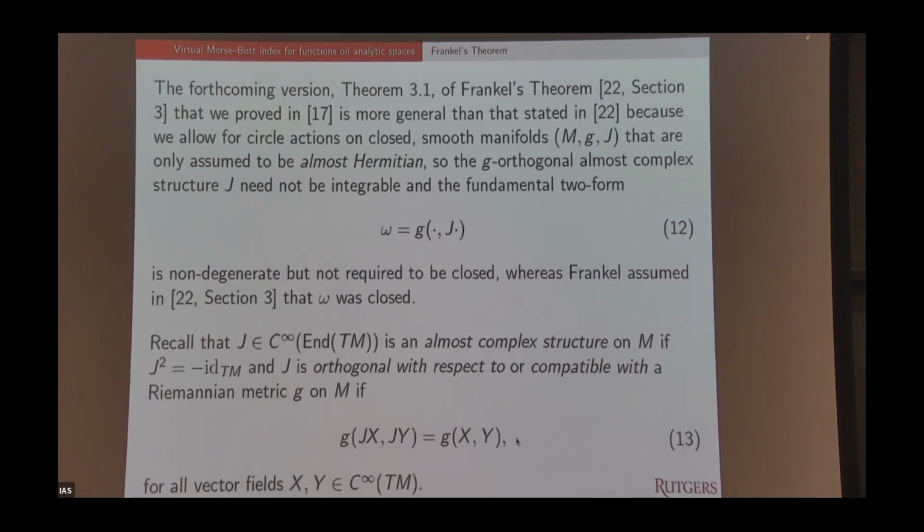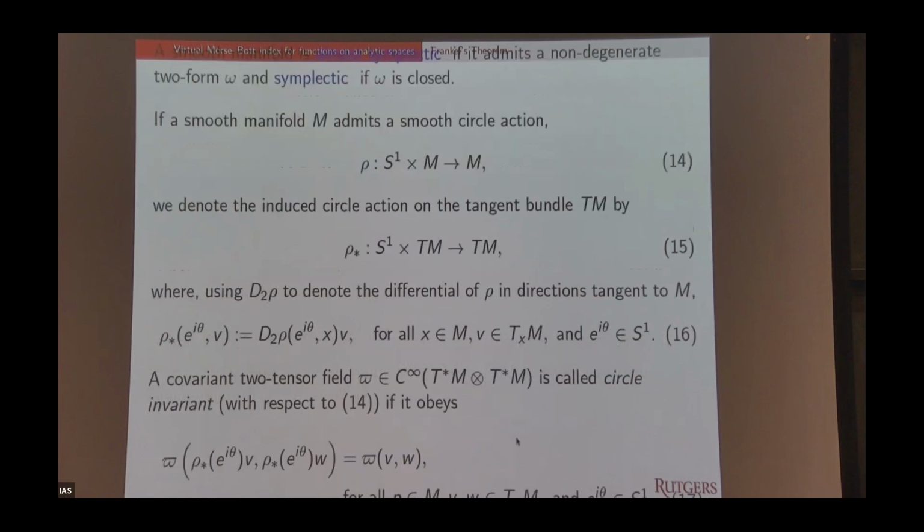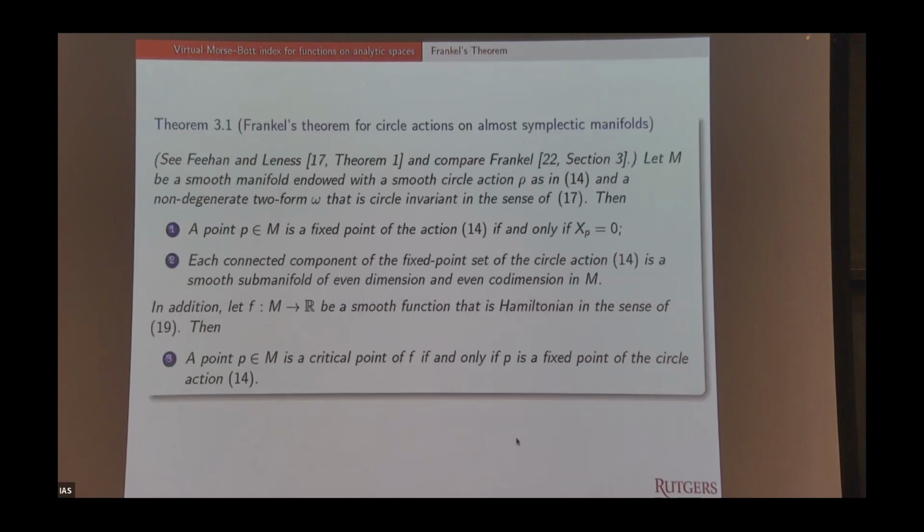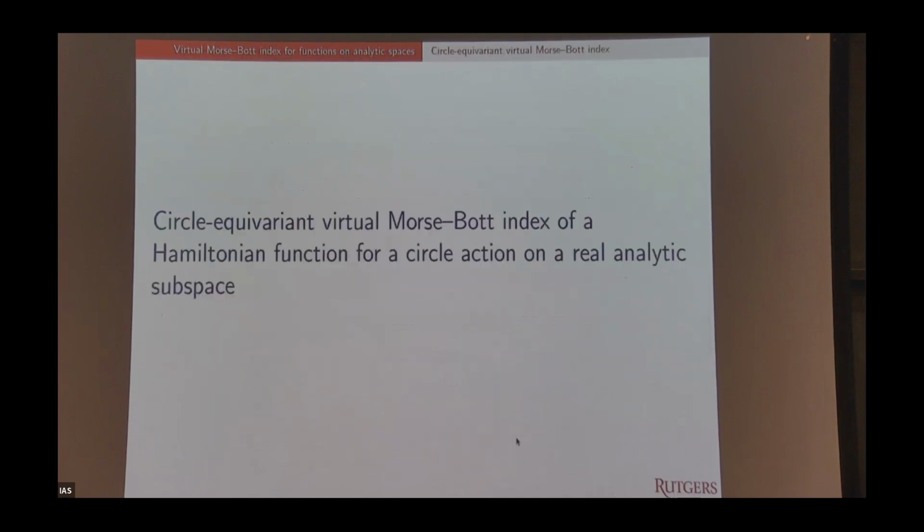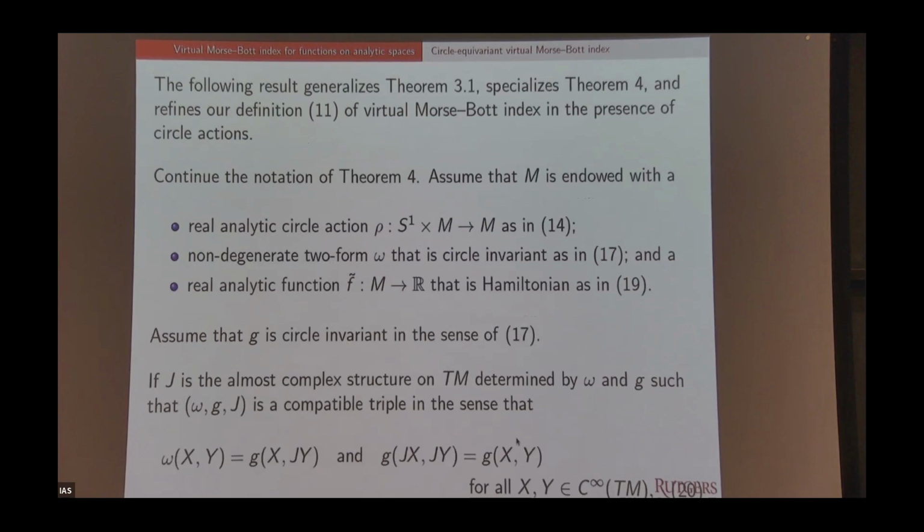So there's a version of Frankel's theorem, which I should explain, but I gave you a brief introduction to it earlier, so I'll skip over the detailed version. I'll just tell you the ingredients we need for this circle-equivariant theorem. So first of all, on this analytic manifold M, we need a circle action.